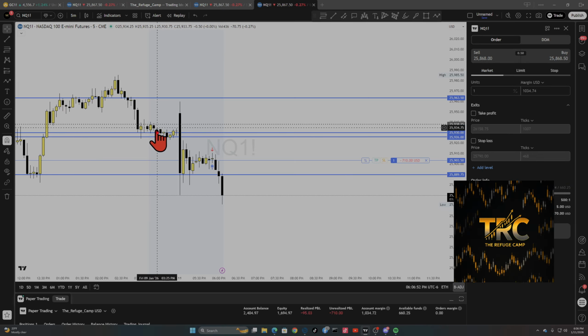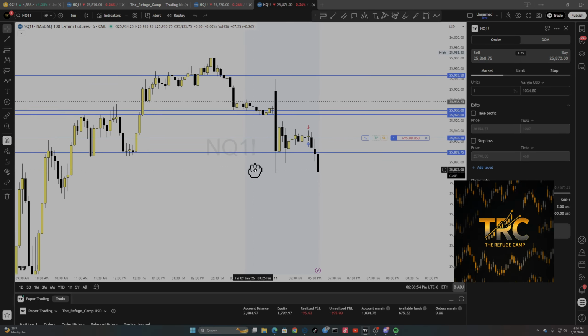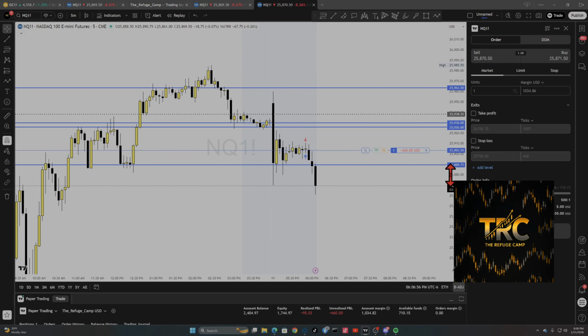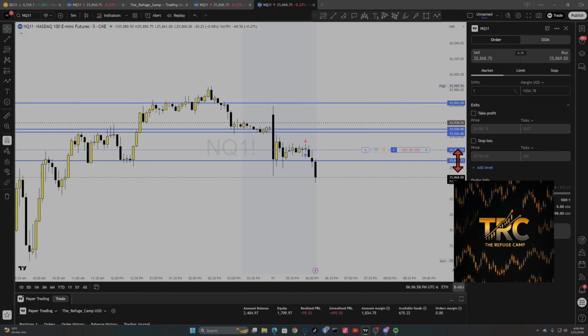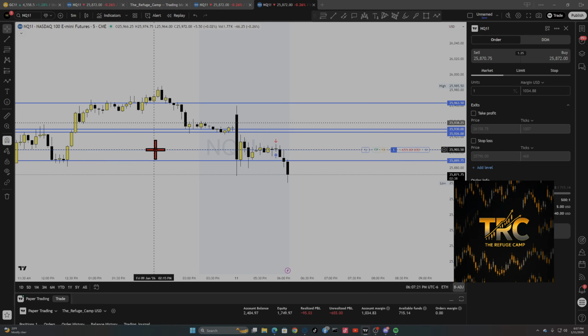Okay? So think about it in terms more like time and distance. Time means price spends an extended amount of time in a range that doesn't really go anywhere. You go from the top to the bottom, and you continue to do that for minutes, hours, days, weeks, whatever situation you're in.